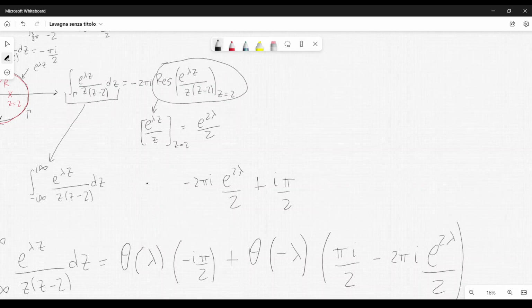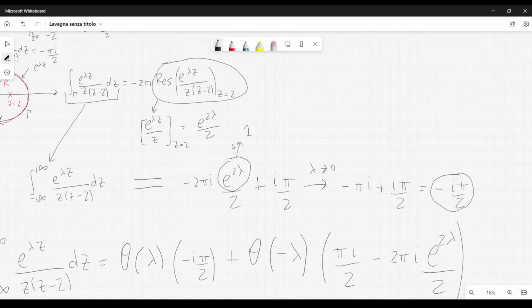If we let lambda go to 0, this term here will go to 1. And therefore, if lambda goes to 0, this will give me minus pi i plus i pi over 2, which is equal to minus i pi over 2.